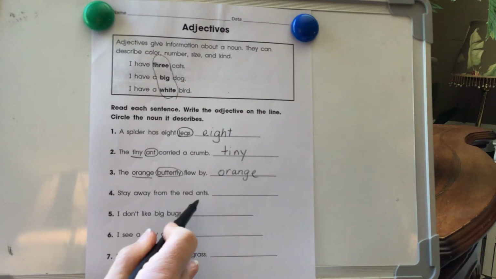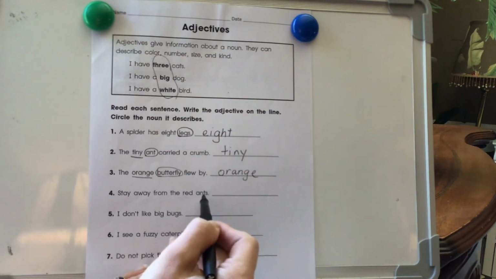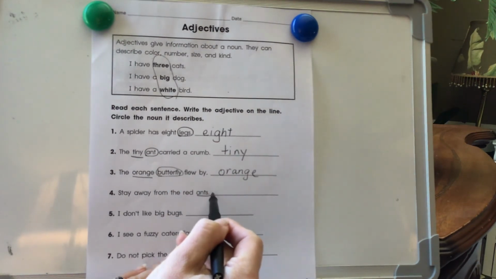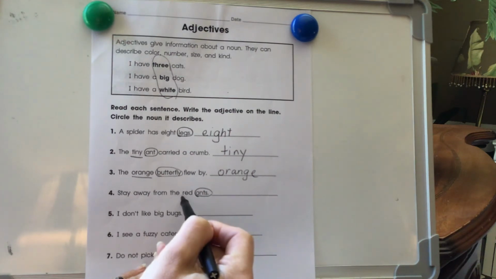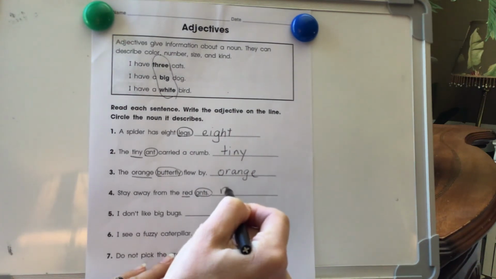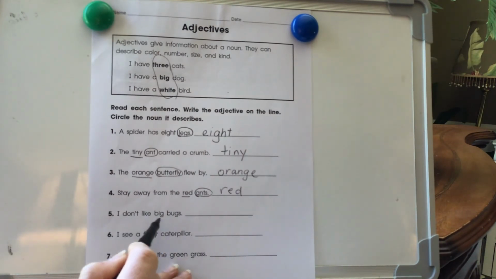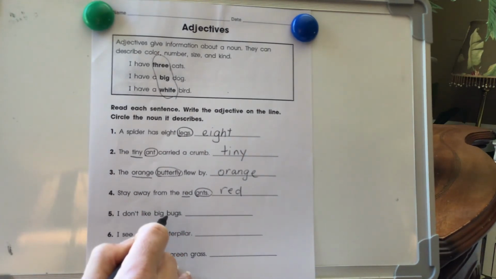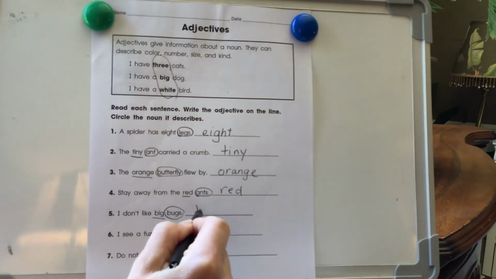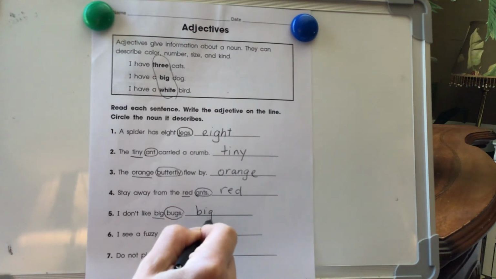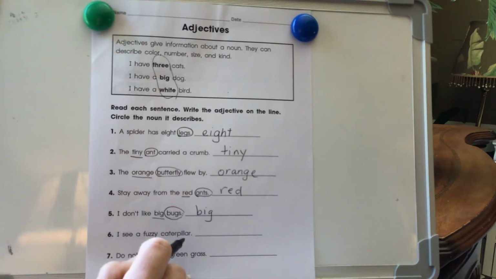Stay away from the red ants. So our person, place, or thing is our noun, which is ants. And what kind of ants are they? They are red ants. I don't like big bugs. So our person, place, or thing is our noun, which is bugs. What kind of bugs? Big bugs. Okay. I see a fuzzy caterpillar.